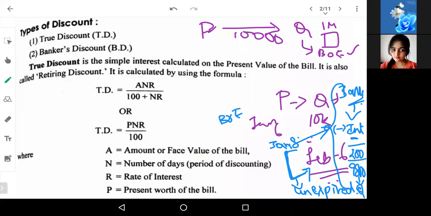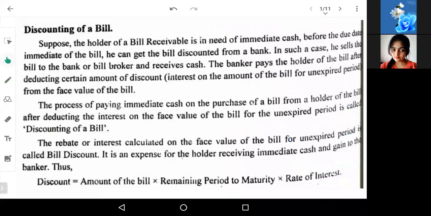Good. So the process of paying immediate cash. So Q got his cash immediately because he took it to the bank. Now, the process of paying immediate cash by the bank after deducting the interest, instead of paying him the full 10,000, they deducted 200 rupees interest on the face value of the bill.